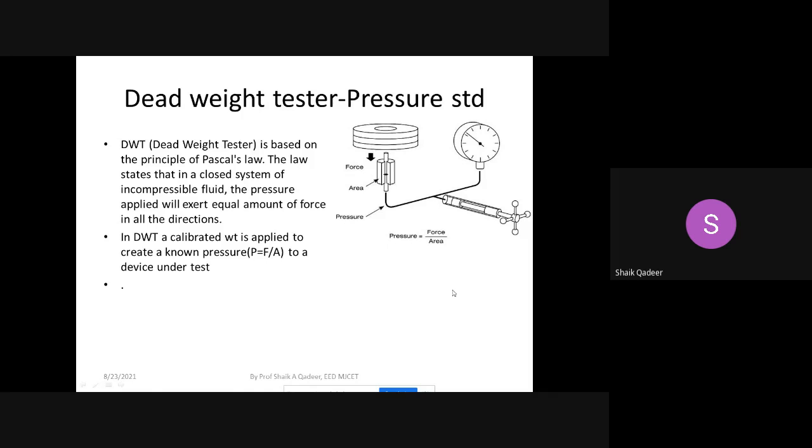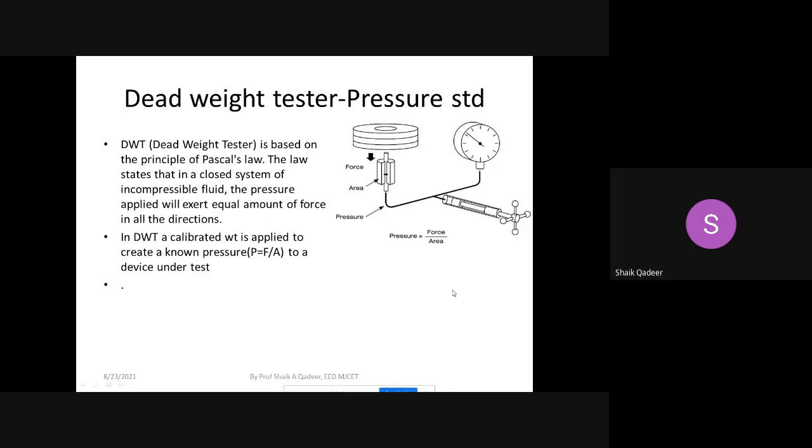Now recall the thing which we learned in unit 1. What is the difference between measurement and calibration? Many times I told you, I will repeat once more because that is needed as the input to discuss this particular topic.